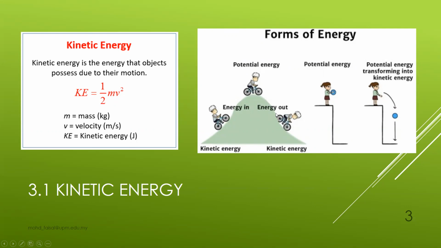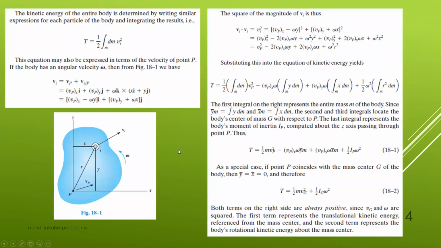Then going down this particular hill, he also gains a little bit of kinetic energy. The same thing here, when a girl throws a ball to a certain height, you can see that the potential energy is being transformed into kinetic energy as the ball falls down.